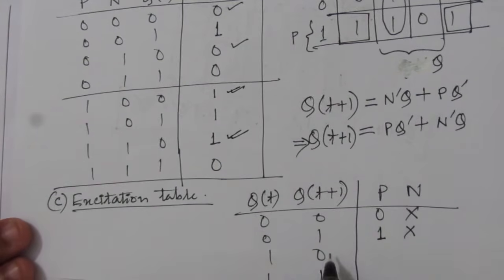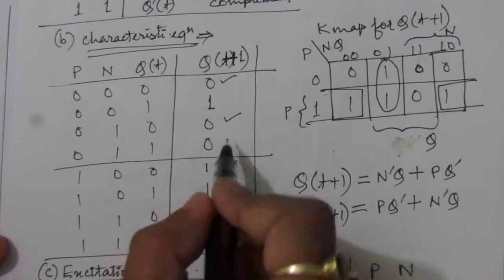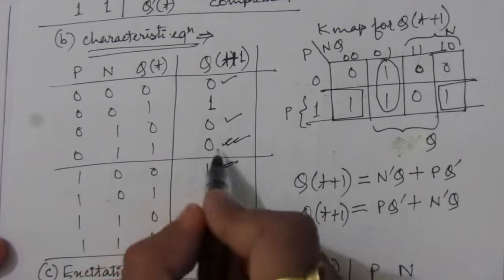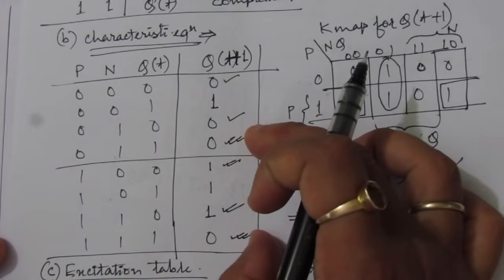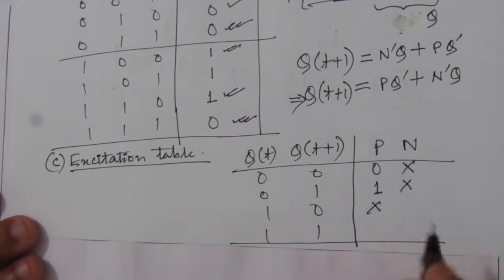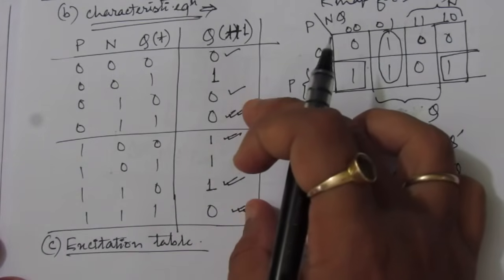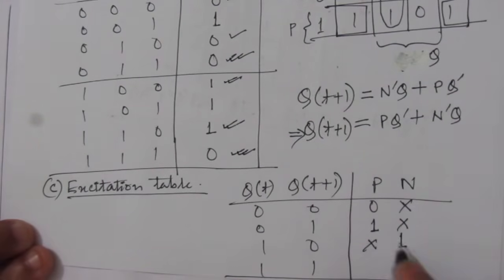Now we have 10. For 10 we have to see this one, this is 110, and another 10 is the last case. For these two rows the P value is 0 and 1, so we write it as don't care, and the N value will be 1 and 1, so we can write it as 1.